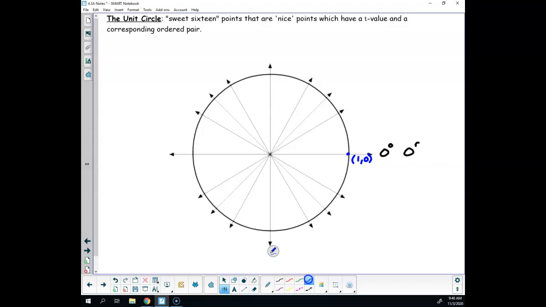Which tells me that the cosine of 0 degrees is, what's the cosine at 0 degrees? Cosine is x. 1. So the cosine at 0 degrees, or 0 radians, is 1.